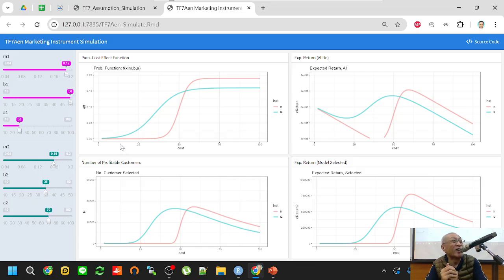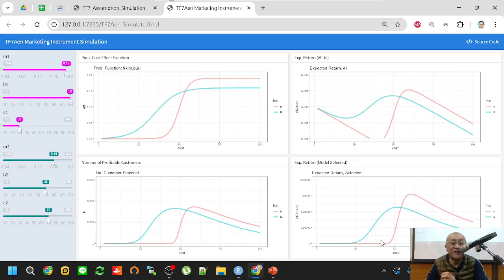So this is the way that we will do assumption. And after we do the assumption, we can actually simulate, when we apply that instrument to a group of selected people, what the cost effectiveness is. We can see a few things.